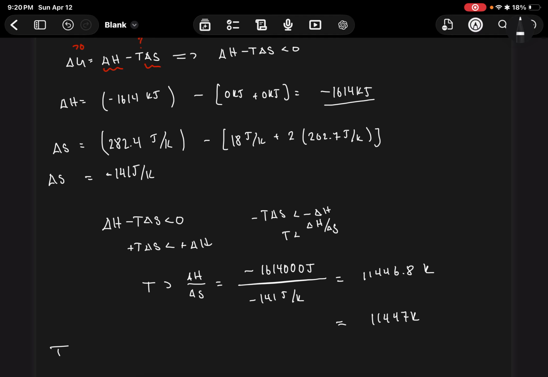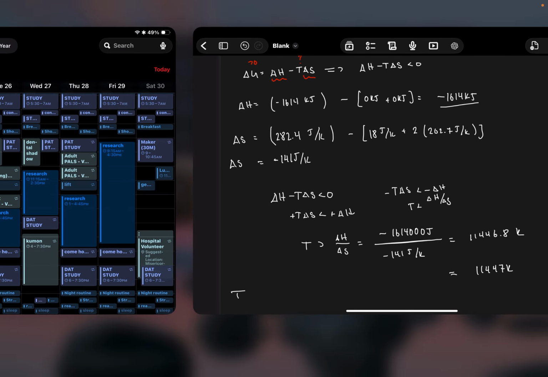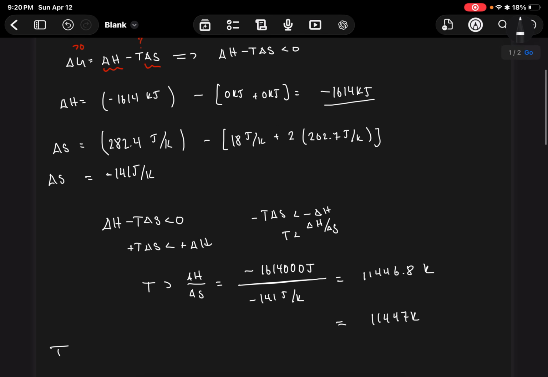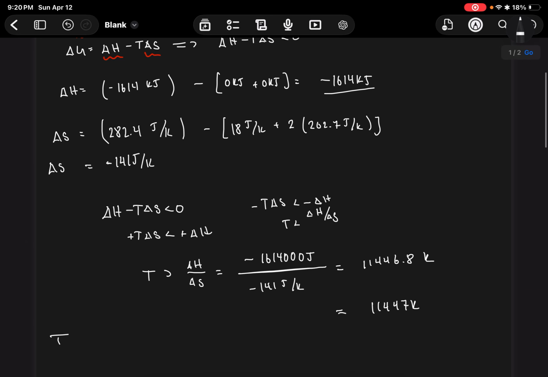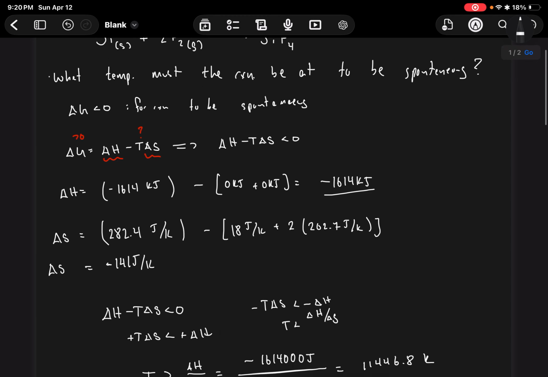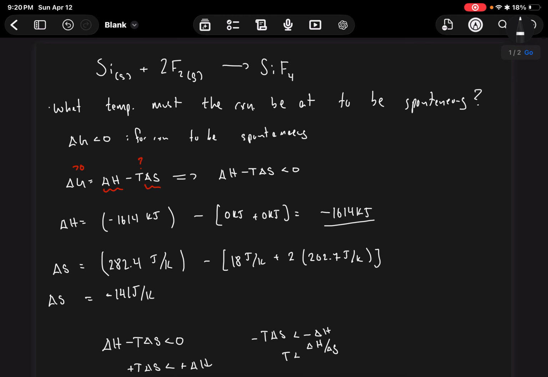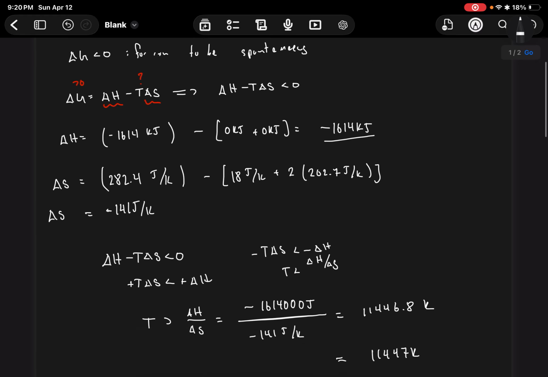Maybe not. Delta G is less than 0, so then. I feel like I messed up the sign. For a thing to be spontaneous, it has to be less than 0, yeah? I don't know.